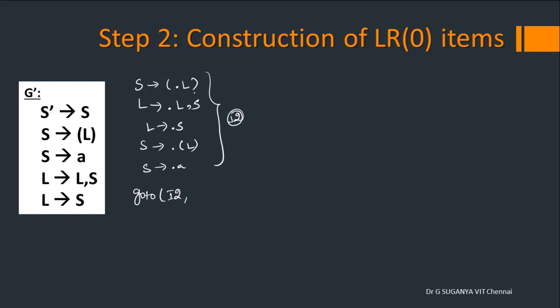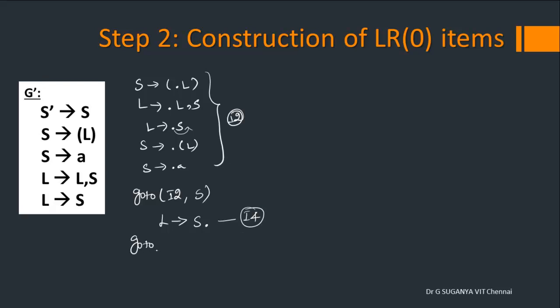The first possible symbol is capital L. Let us go in order. You check whether dot is followed by S. Yes, it is there, so this dot needs to be moved to the next position. It will be L gives S dot. You check whether it is similar to any of I0, I1, I2, I3. Nothing matches and hence this becomes I4.